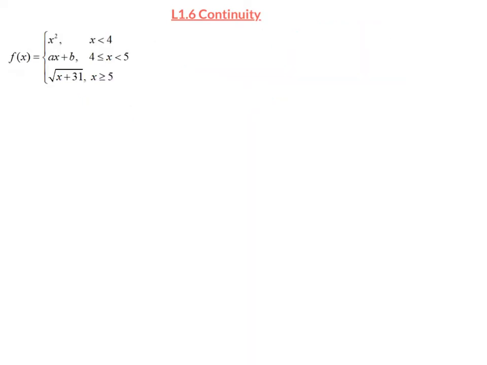Now, this is something you give in homework and not on a test, just because there's a lot of moving parts here. But first of all, if you're going to make a piecewise function continuous, then you have to make the pieces connect to each other. So, in other words, the idea is if a piecewise function comes in, and then it connects with another piece, and then it connects with another piece. That's how you make it continuous.